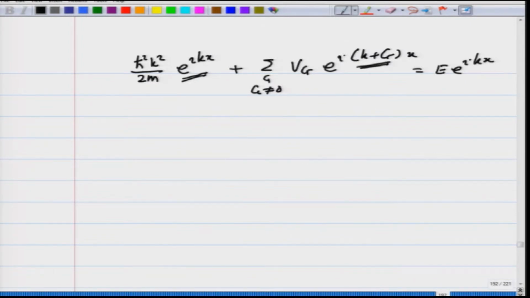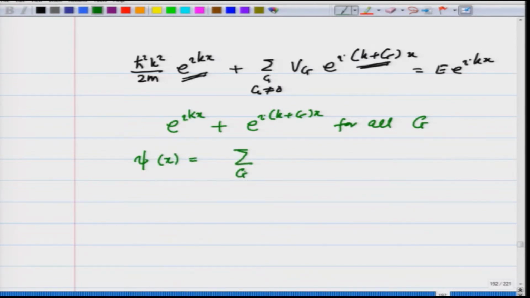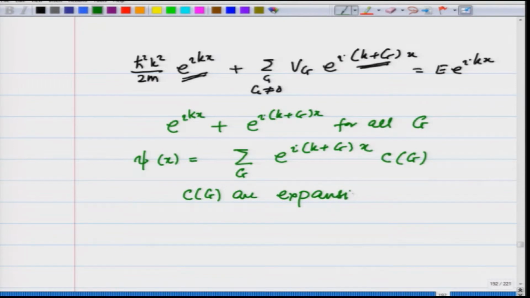So, if I want to satisfy this equation on both sides, for each e^{ikx}, I should also add to it e^{i(k+G)x} for all reciprocal space vectors G, and therefore, I should take the solution psi(x) to be equal to summation over G, where G equals 0 is now included, of c_G e^{i(k+G)x}, where c_G are expansion coefficients.